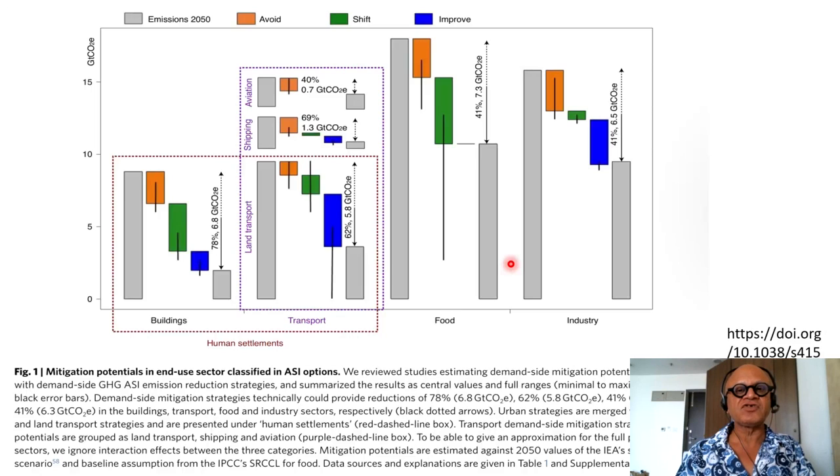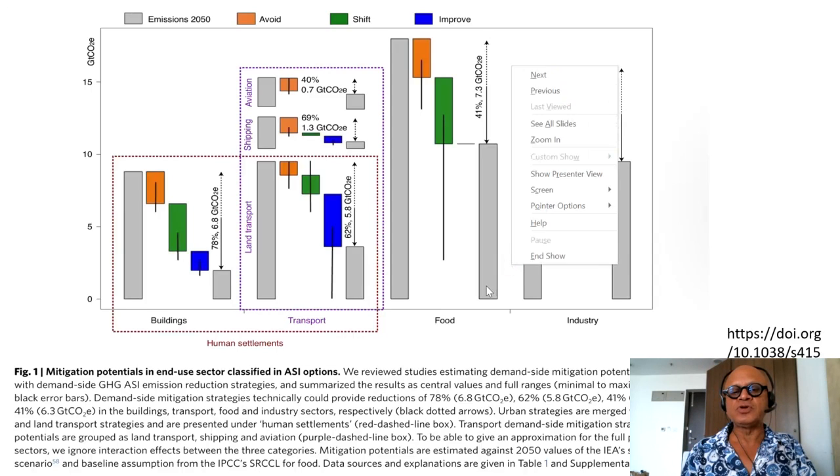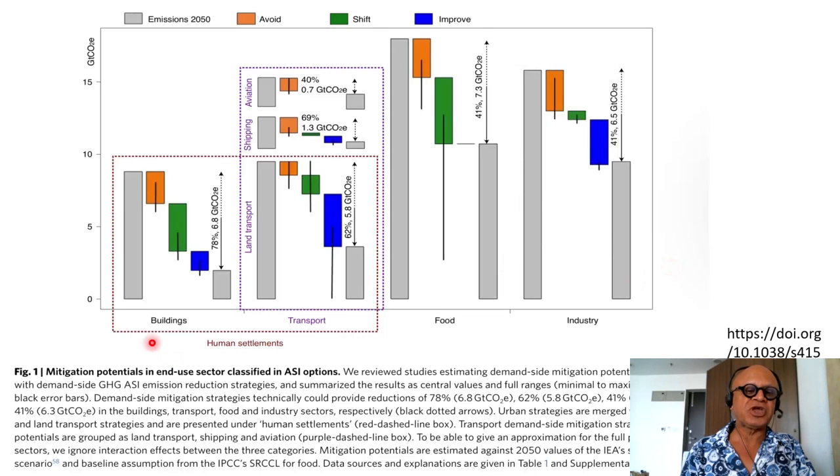This goes a little bit further and introduces a framework called Avoid, Shift and Improve, and starts with a very good way of depicting the potential contributions.